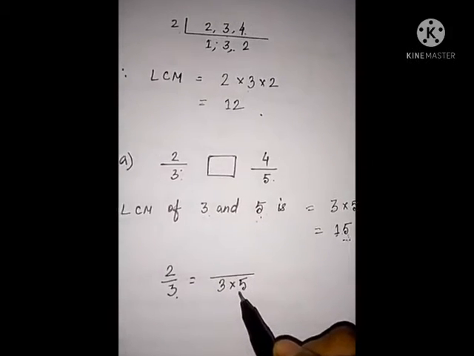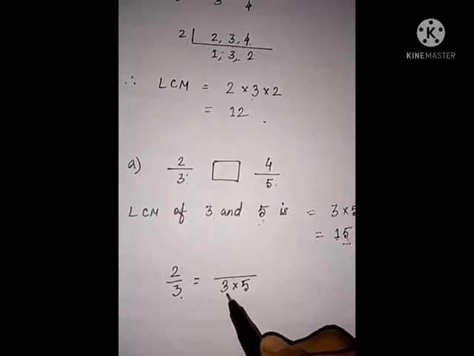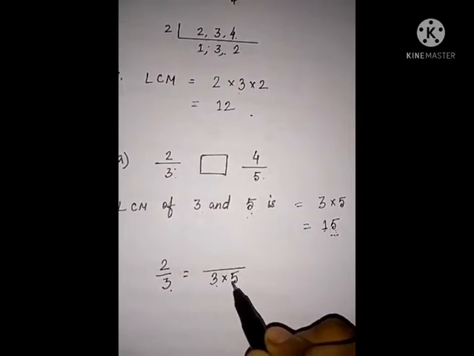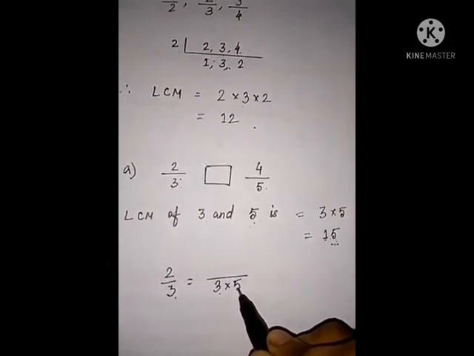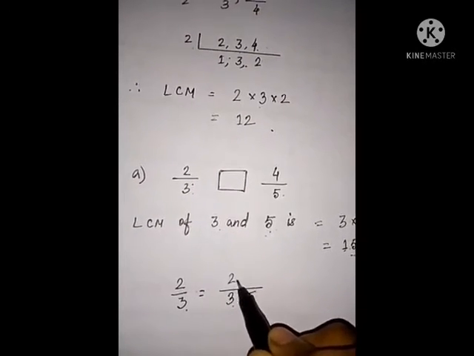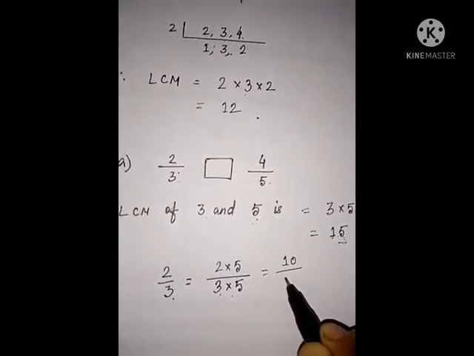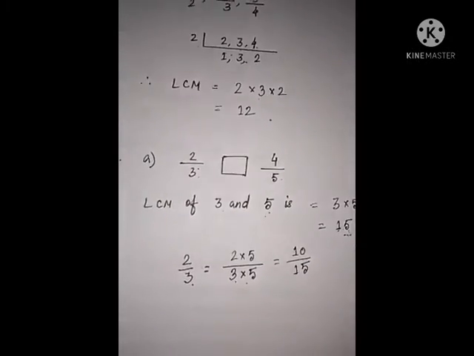And now see, here we have multiplied 5 with this 3, and the number which you multiply with the denominator, the same number will be multiplied with the numerator. So this is 10 over 15.